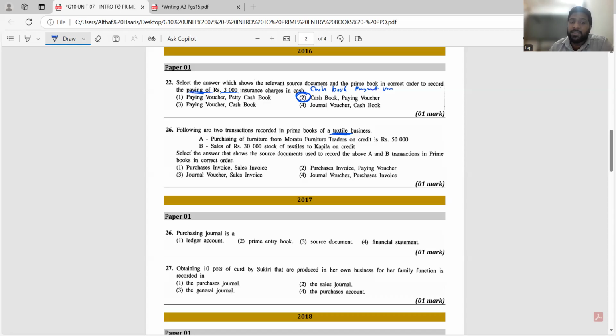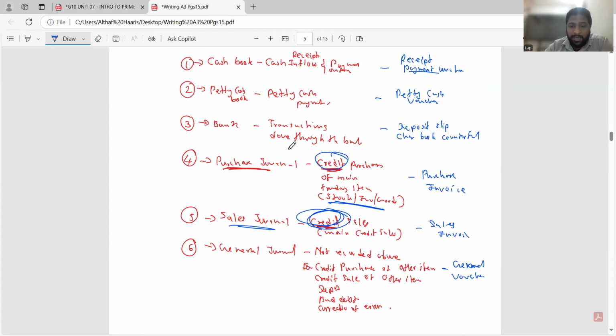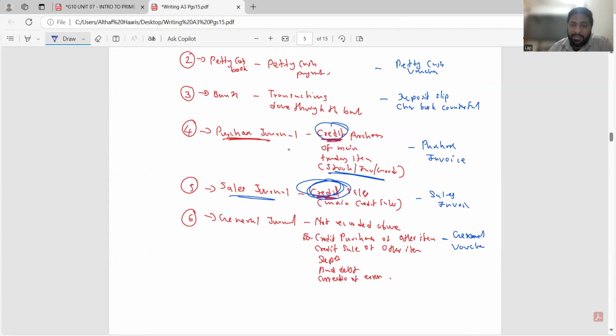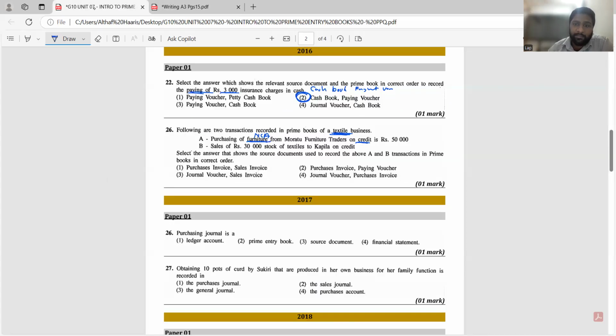Purchase of furniture means furniture is a non-current asset purchased on credit. Here it is a credit purchase of not main stock, a credit purchase of other item. It will go to the general journal. GJ.